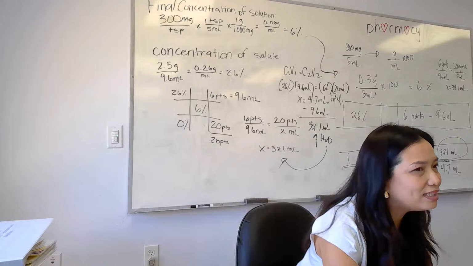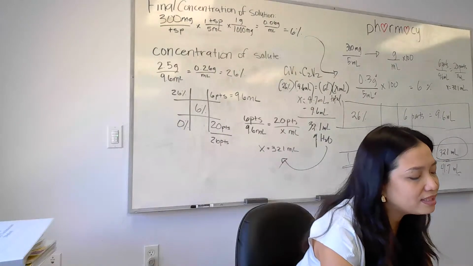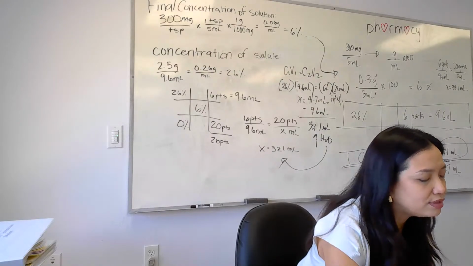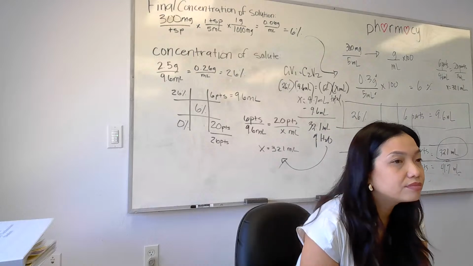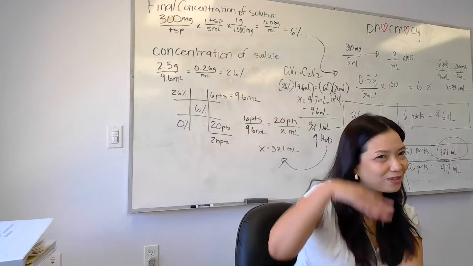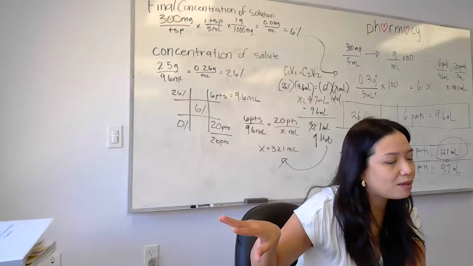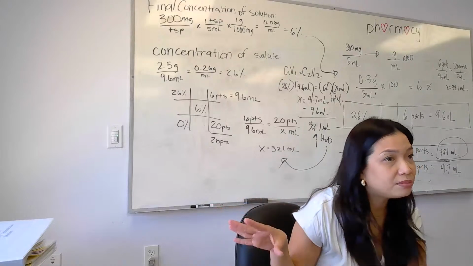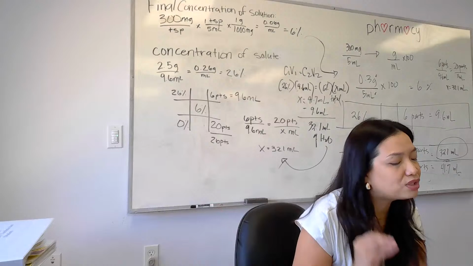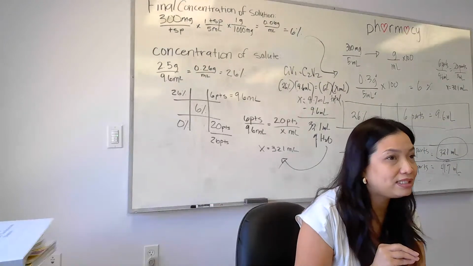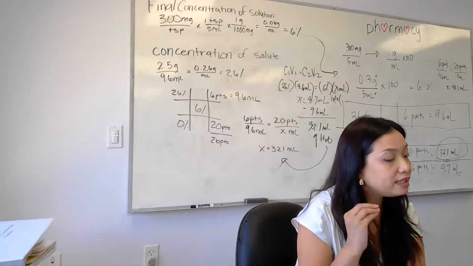C1V1 equals C2V2. If we're using C1V1 equals C2V2, what's my C1? 5 to go from higher to lower. Good job. Do I have a volume? No, I don't have the initial volume because that's the question. How much of the 75% do I need? Correct?